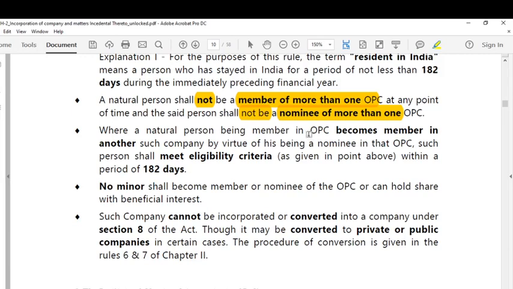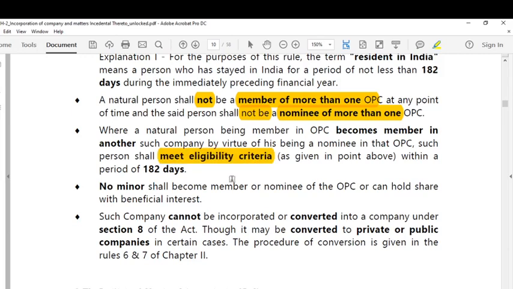So what happens? The same person is becoming the member of two OPCs. So in such a situation, he will be missing the eligibility criteria. As such, the Act has provided a provision that within a period of 182 days, he should meet the eligibility criteria.